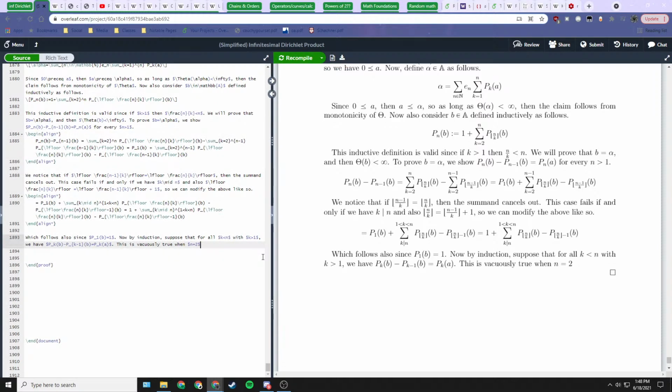Okay, so we're proving this difference thing happens to be p sub n of a for every n greater than 1, so starting at n equals 2.